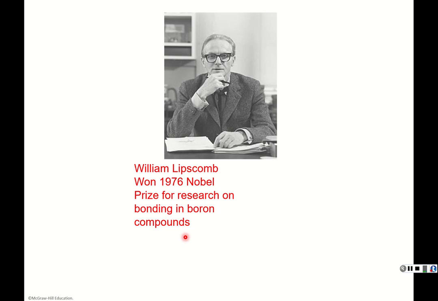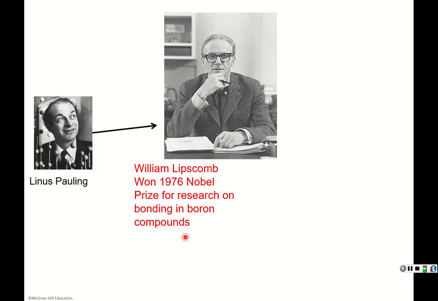Okay? So I've kind of told this joke before, but it might look familiar. William Lipscomb won the Nobel Prize in 1976 for research in these compounds. Why is that important? Well, Linus Pauling was actually an advisor to William Lipscomb. He worked in the lab of Linus Pauling.